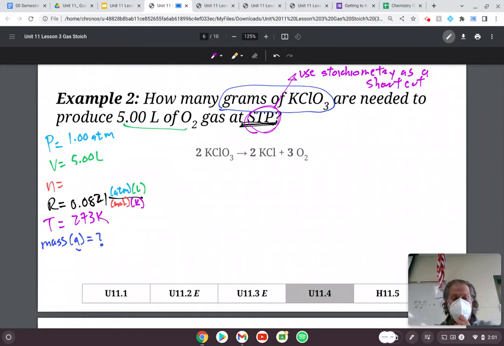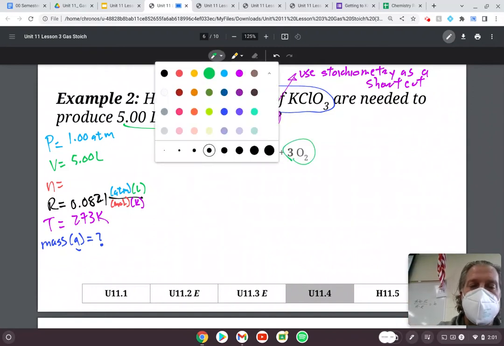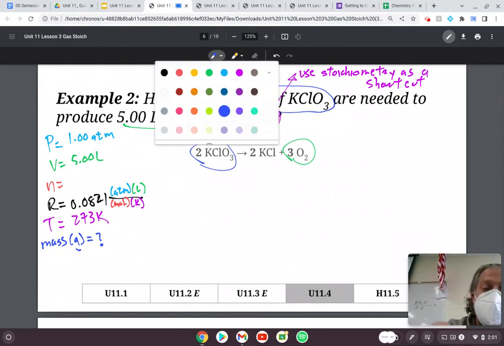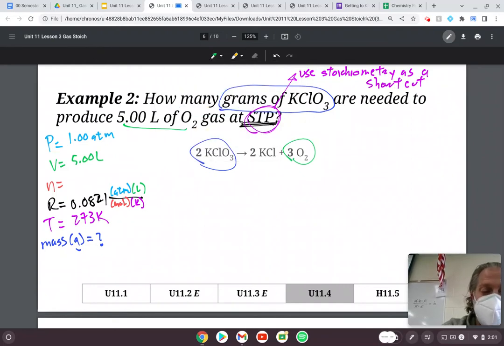So this problem is asking me to compare oxygen and potassium chlorate, KClO3. And because the given value in my problem is the 5 liters, that's what I'm going to start with.